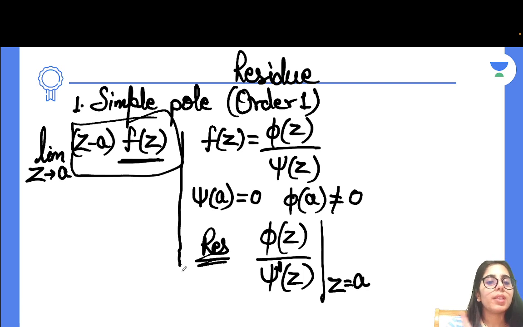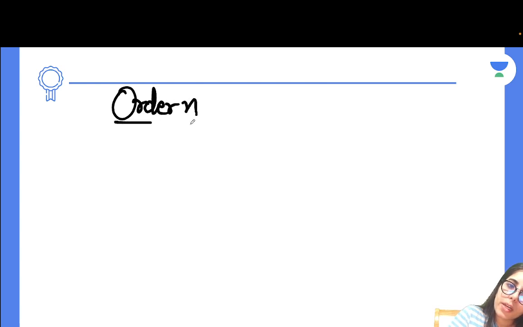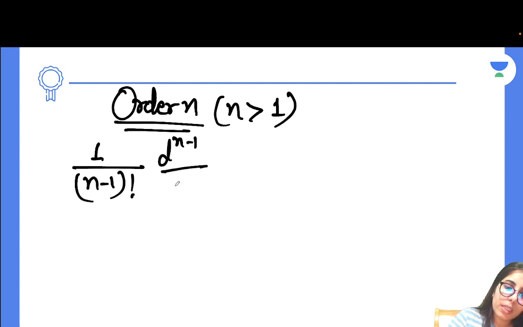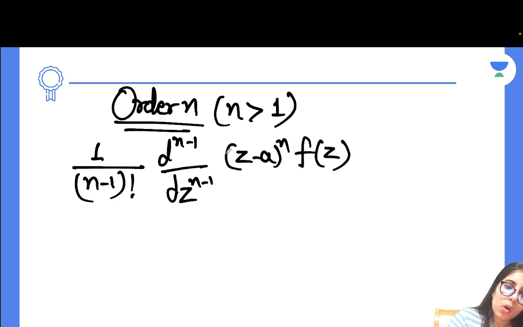So now the next thing. If there is an order n pole, then what will we do? In case of an order n pole where n is greater than 1, guys, you will have the formula that says 1 over factorial (n minus 1), d^(n-1)/dz^(n-1) of (z minus a)^n f(z).